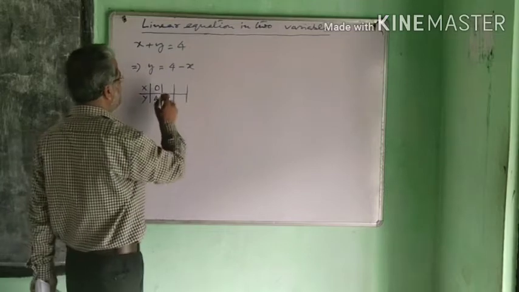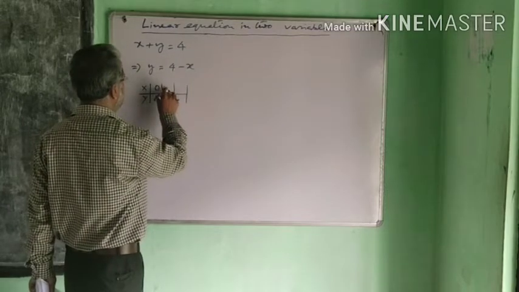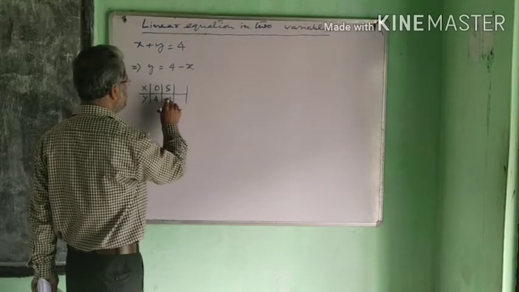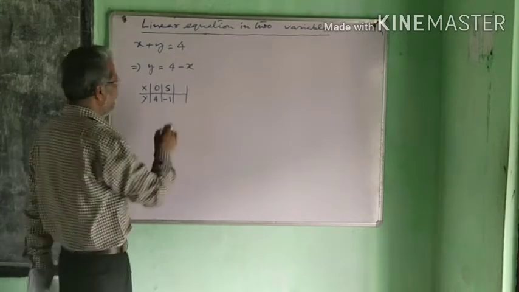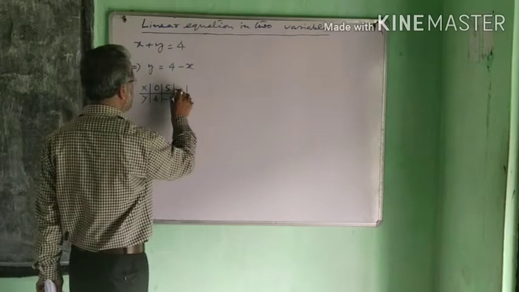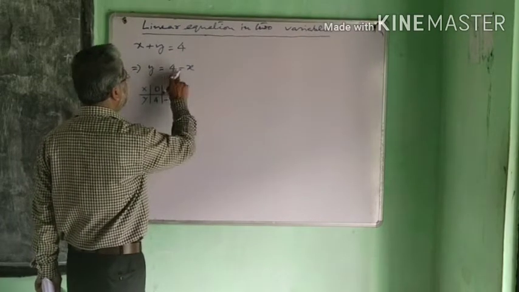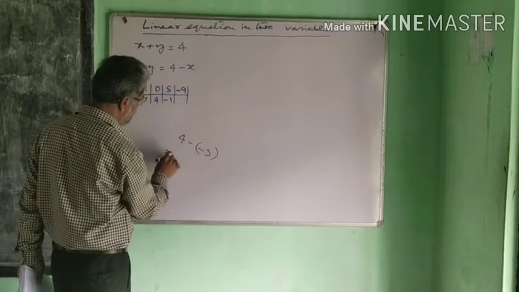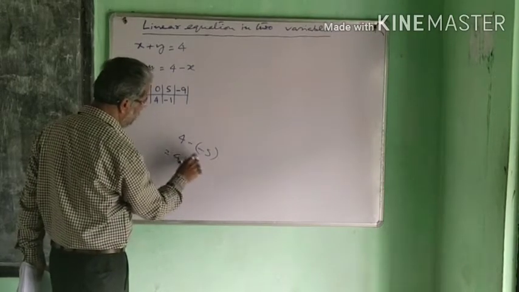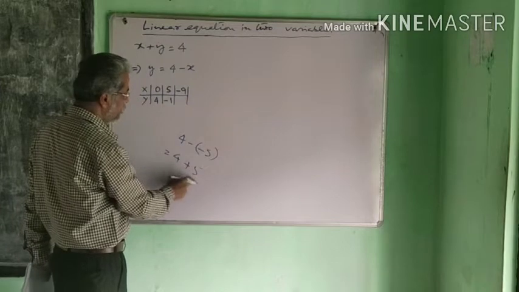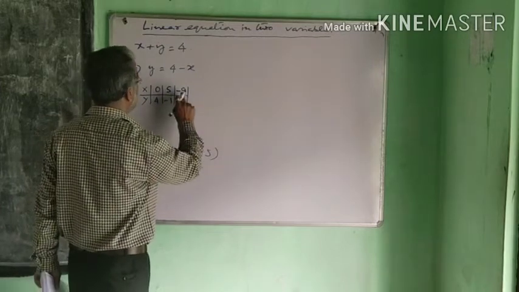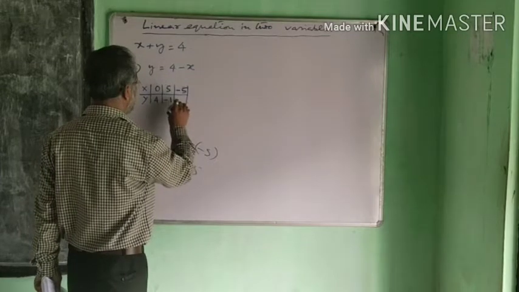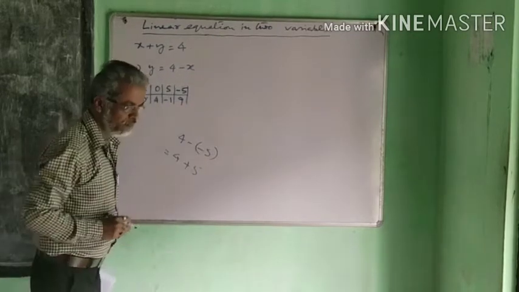If we take the value of x as 5, then 4 minus 5 is minus 1. If we take the value of x as minus 5, then 4 minus minus 5 is equal to 4 plus 5. Minus into minus is plus. 4 plus 5 is 9. So if we take x as minus 5, we get y as 9.